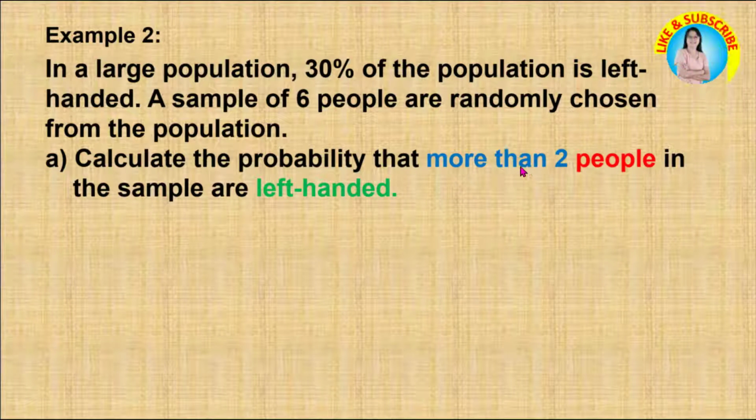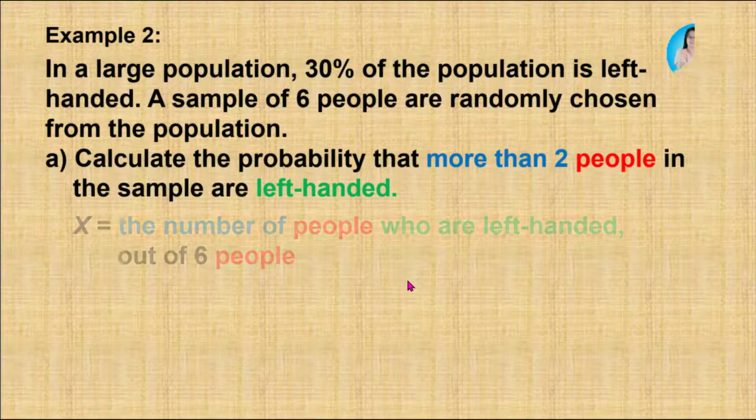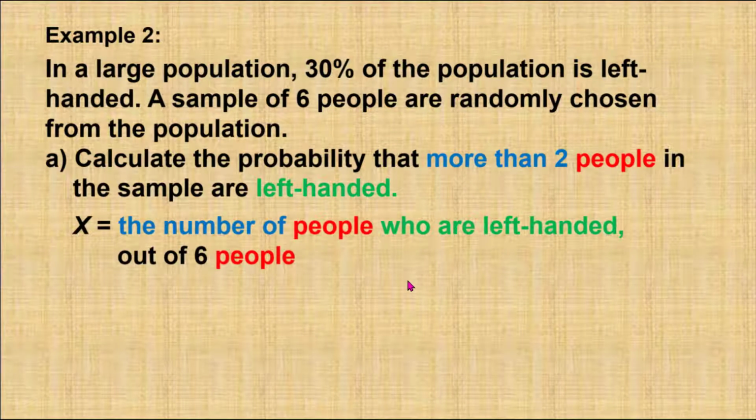So the random variable X can be defined as the number of people, and the success criteria is the people who are left-handed. These people are part of the 6 people in the sample.